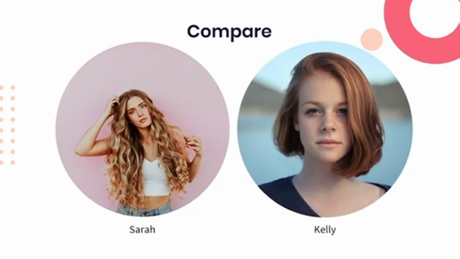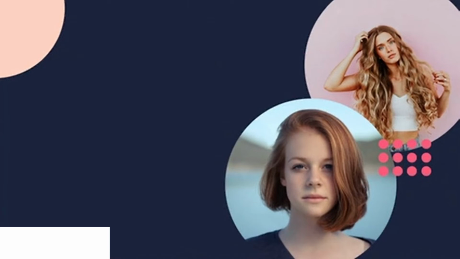Do Sarah and Kelly look similar or different? Well, they have some things in common, but they have many differences between them as well. Let's use some adjectives to show the differences. We can start by talking about Sarah and Kelly's hair.